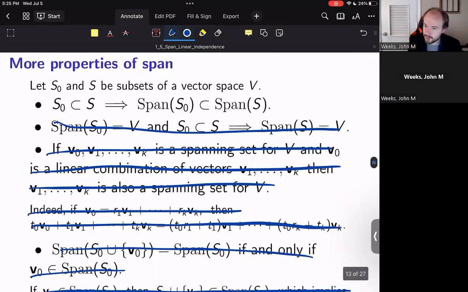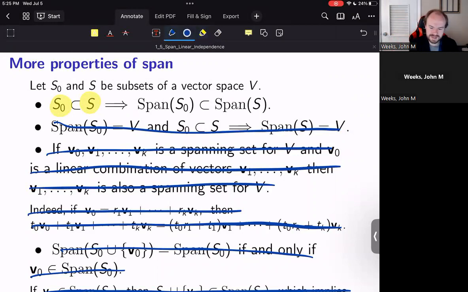Let's go ahead and see some more properties of the span while we're at it. Let's keep looking through subsets of a general vector space V. Let's say, for example, that one subset is a subset of the other. Let's say S naught is a subset of S. Well, if you have something like this, then what happens if I take their spans? Well, it kind of makes sense, right? You have that S naught is a subset of S, so we can take the spans of both of these.